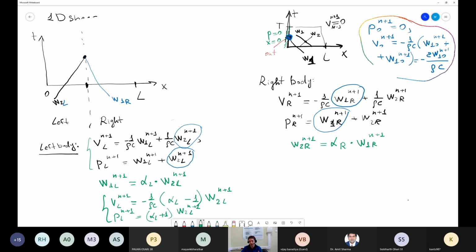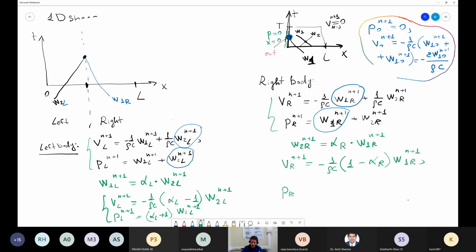Again, from basic math, this is a correct sentence, yeah? So let's substitute it here, and we will obtain that v right at the next time moment n plus 1 is equal to minus 1 divided by rho c multiplied by 1 minus alpha r multiplied by W1 r n plus 1.